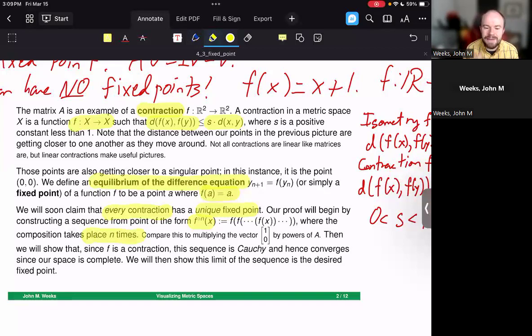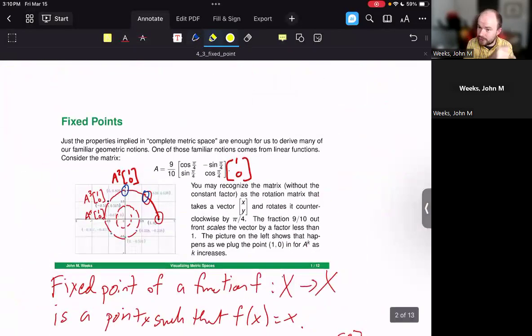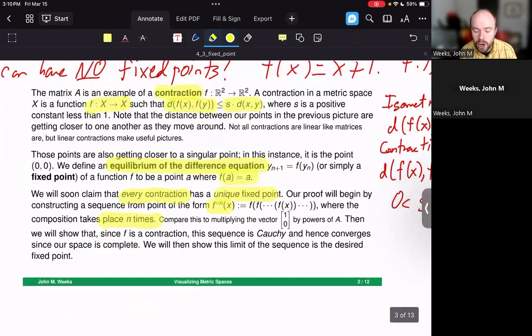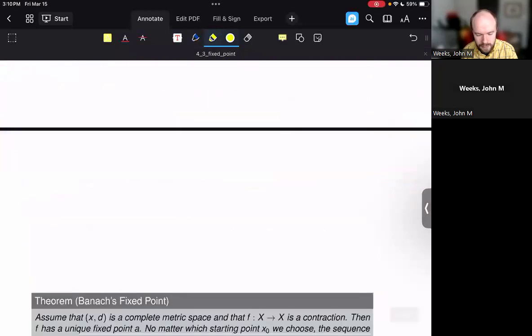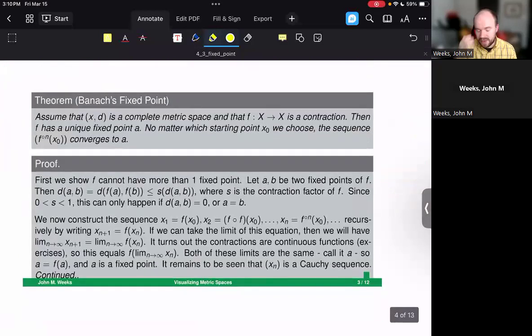Then we'll show that since f is a contraction, this sequence is Cauchy. Remember, we use the fact that these points are getting closer and closer to each other as they move along, and hence they should be a Cauchy sequence, and hence they should converge whenever the metric space we're working inside is a complete space. We will then show that the limit of this sequence is the desired fixed point. And that's exactly what Banach's fixed point theorem says.